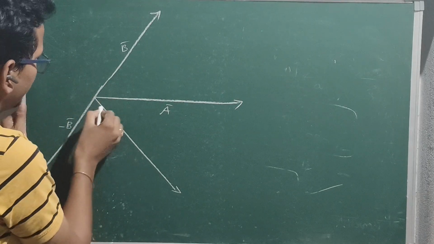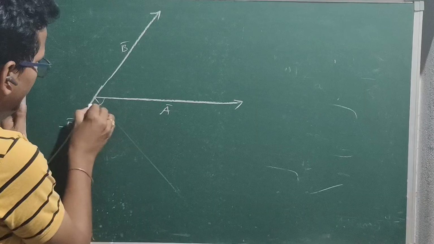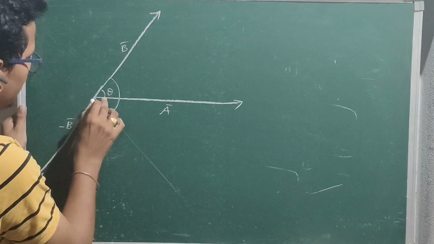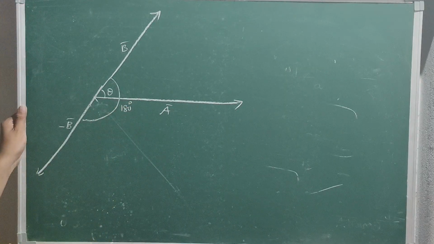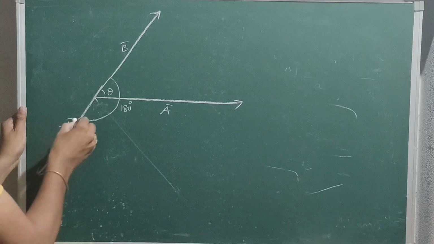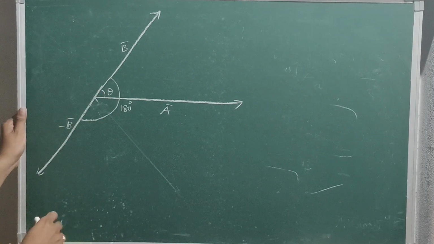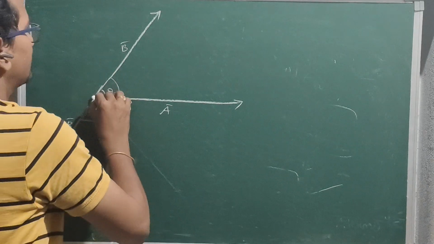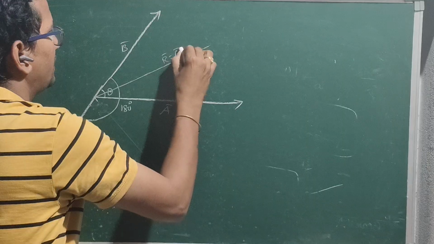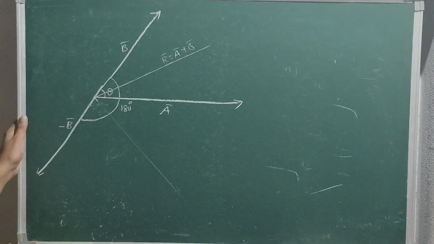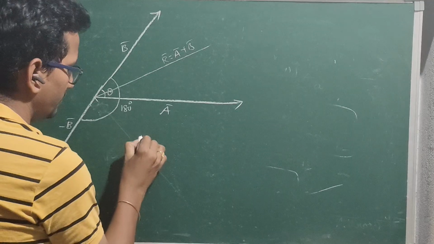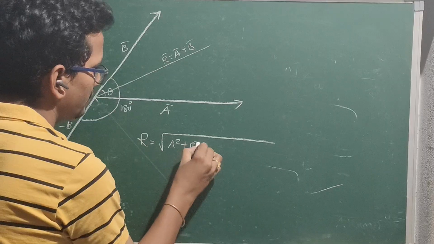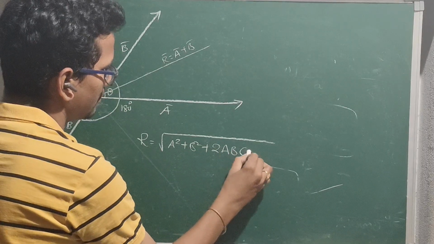For example, the angle between these is theta. Total angle how much? 180 degrees. Then if you want to take A bar minus B bar: in the previous case we discussed R bar is equal to A bar plus B bar, but the negative sense will be indicated. Already we got the formula R is equal to square root of a square plus b square plus 2ab cos theta.